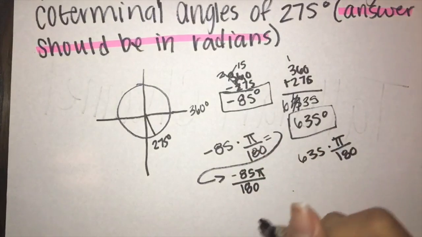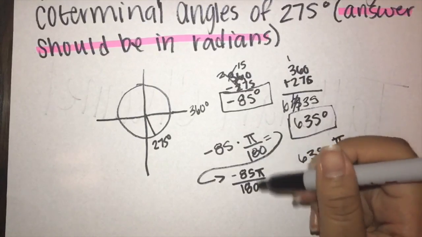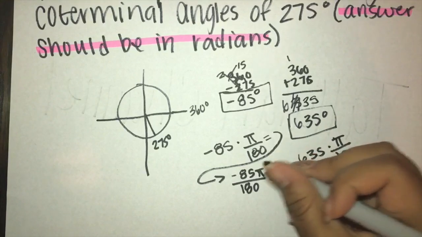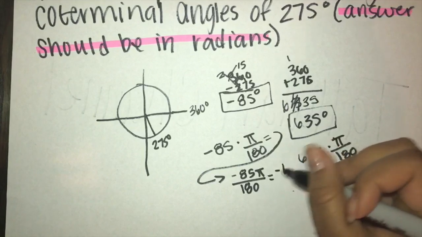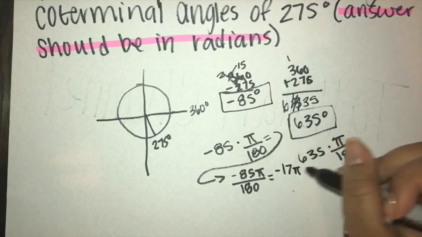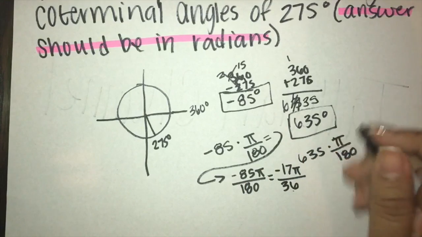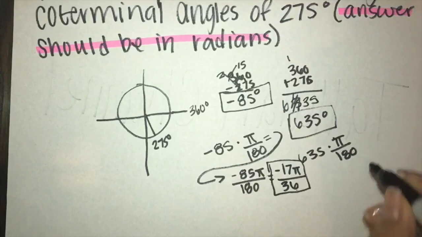So if we're attempting this without our calculator, we know that one number that goes into both of these is 5. So 5 goes into 85 17 times, and 5 goes into 180 36 times. One of our answers is negative 17 pi over 36.